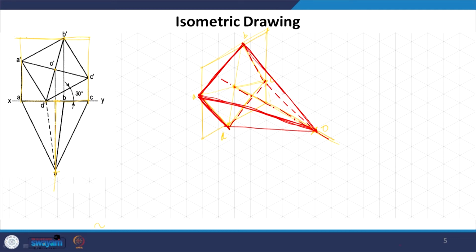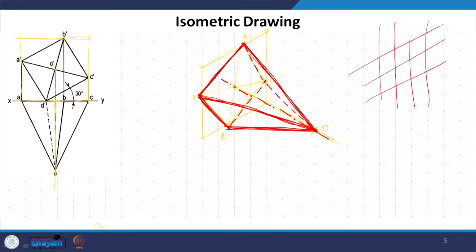Now, one thing which you can do if you want to just improve how to draw these isometric projections is you can take a grid. So, what you see here, this grid, these grids which I use, this is what I have used. So, there are isometric grid pads available in the market. You can take that, or there are big sheets like graph papers which are isometric grid papers, and you can directly draw on these graph papers.